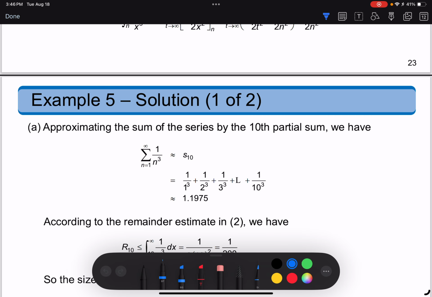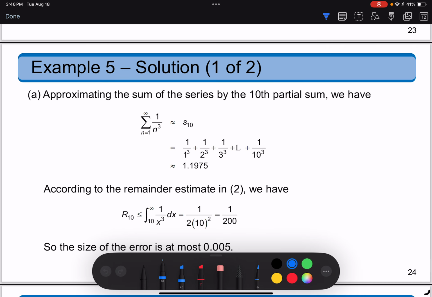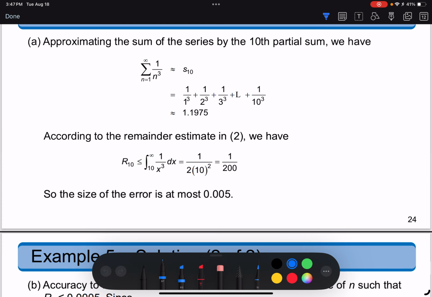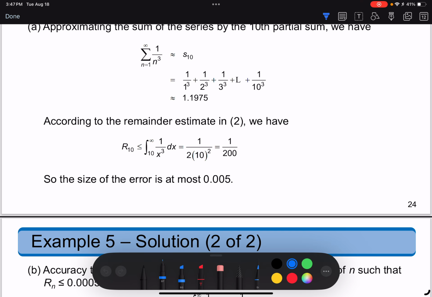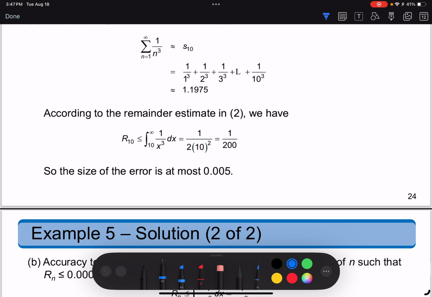You can use your calculator for this: summation of 1 over x cubed, where x is from 1 up to 10 with the step equal to 1. According to the remainder estimate, the remainder r sub 10 would be less than or equal to the integral from n to infinity, which is 1 over 2n squared. So 1 over 2 times 10 squared, or 1 over 200. So the size of the error would be 1 over 200, or 0.005.